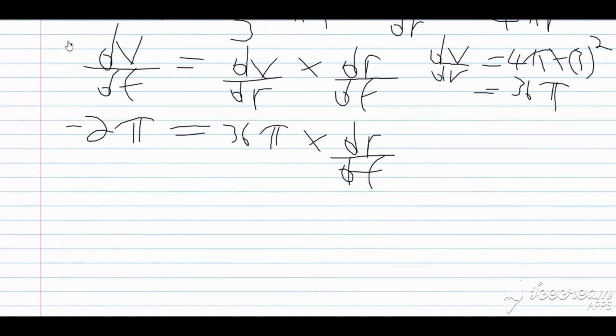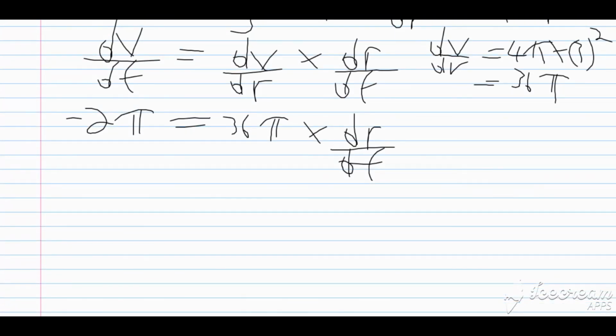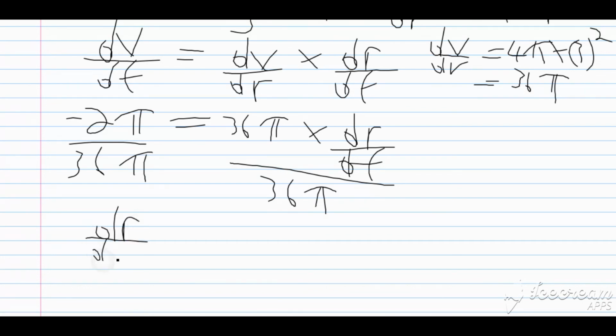So all we have to do with this is simply transpose the equation. So we could actually divide both sides by 36 pi. So when I break this down now, I'm going to have dr over dt, that's negative 2 pi over 36 pi, that is going to give me negative 1 over 8. All right, and the unit here is centimeter, so this is centimeter per second.